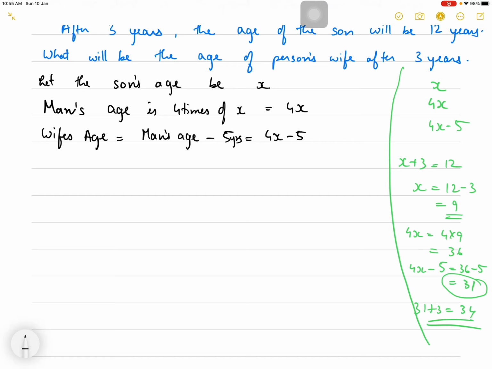Okay, the age of the son after 3 years will be 12 years.